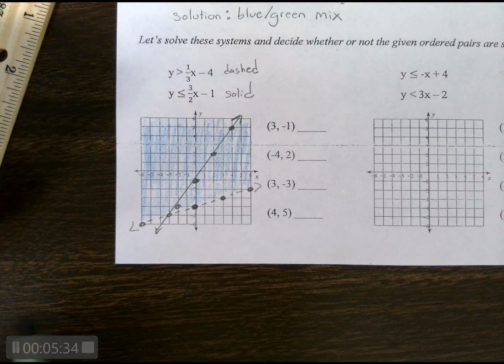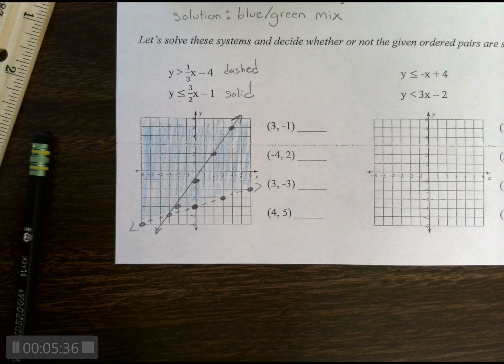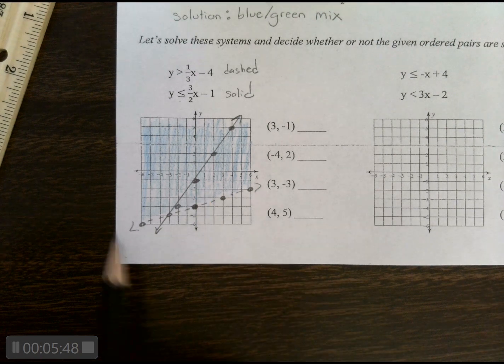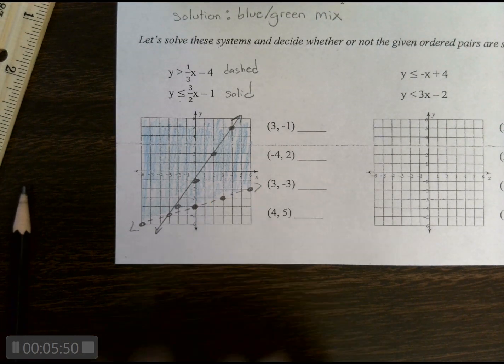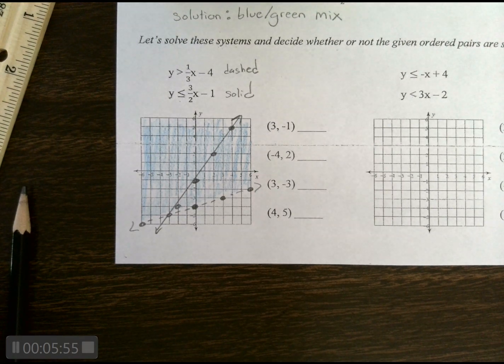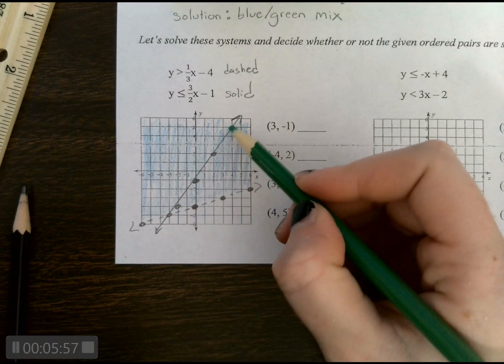Okay, alrighty, so now this says that y is less than 3 over 2x minus 1. So we are looking at this line now.